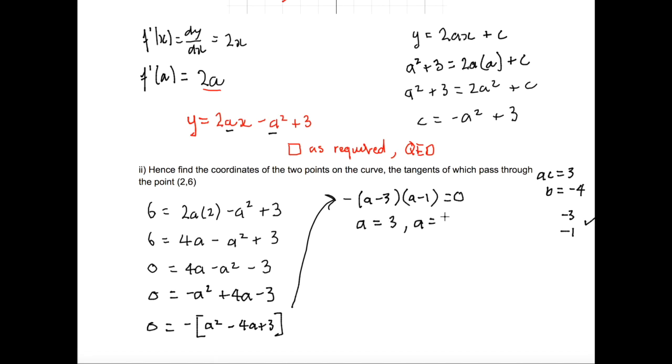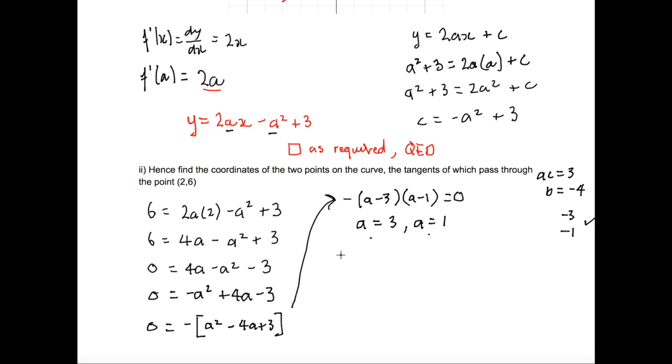Okay, so now what we have is our a values that give us the equation of a tangent that passes through the point (2, 6). So all we have to do is substitute these into our equation of our tangent here, and that should tell us 2 tangents that pass through the point (2, 6).